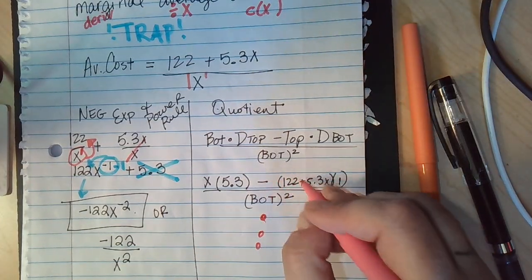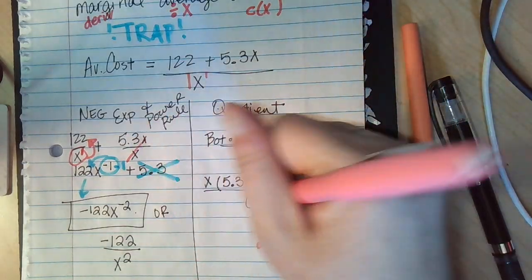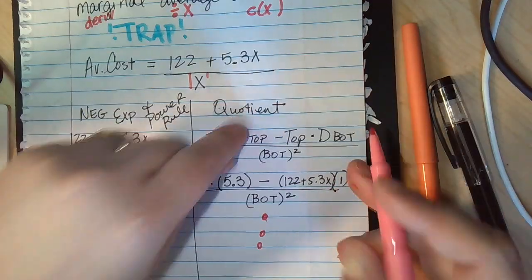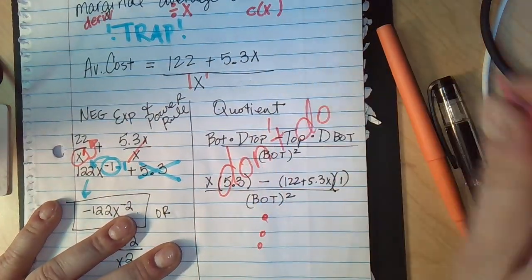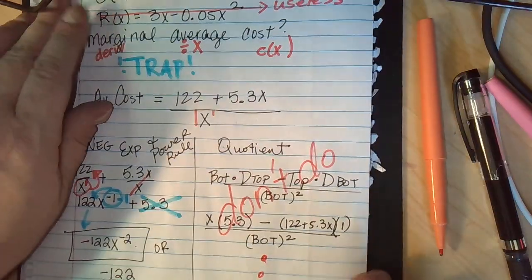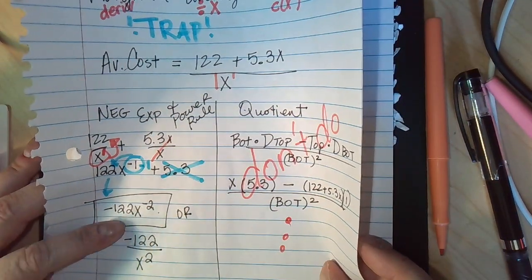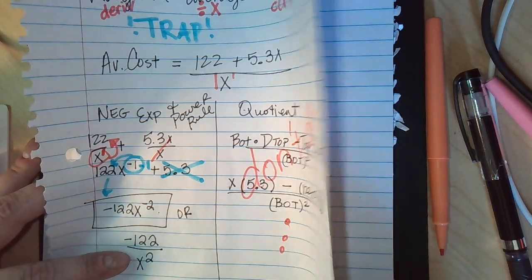We have to distribute the negative, we have to combine like terms, we have to come up with a GCF, then we have to cancel with the bottom. So it's like 5 more minutes if we were to do this quotient. So don't do the quotient on this problem. It'll take you too long and you'll probably mess up. No offense. Okay, so our answer is just this negative 122 x to the negative 2, or you can put it as a fat fraction with that x squared being positive.